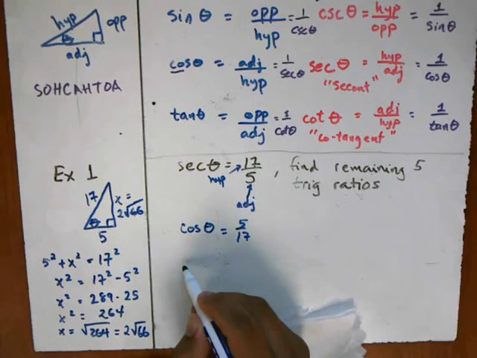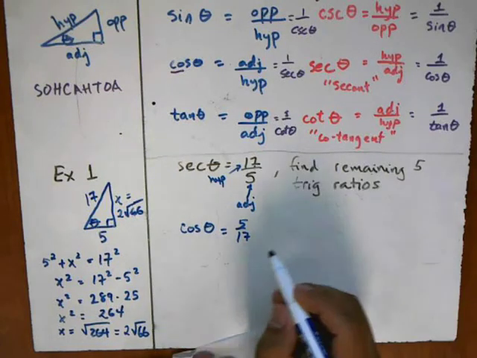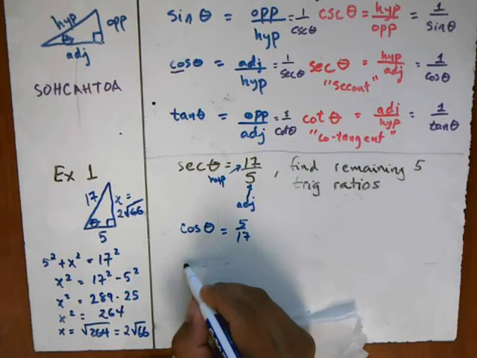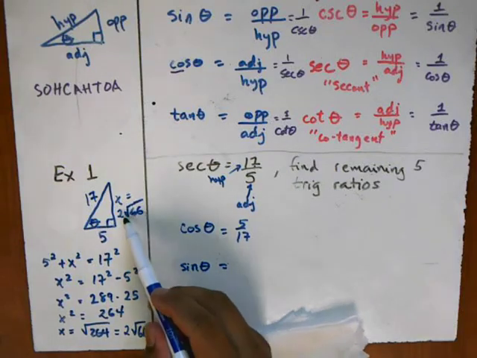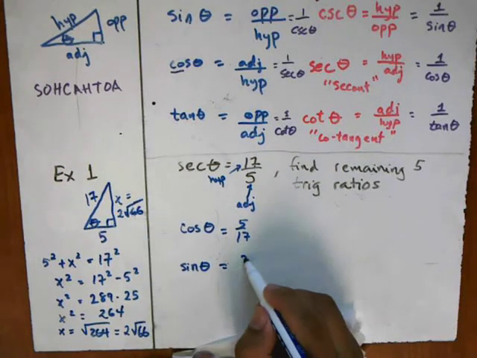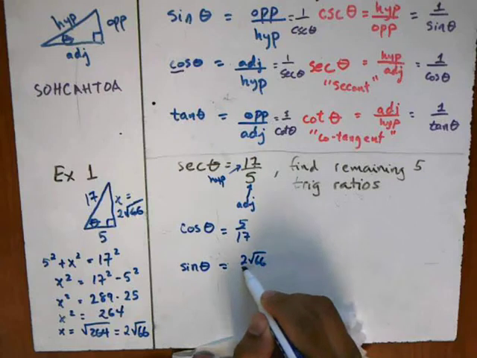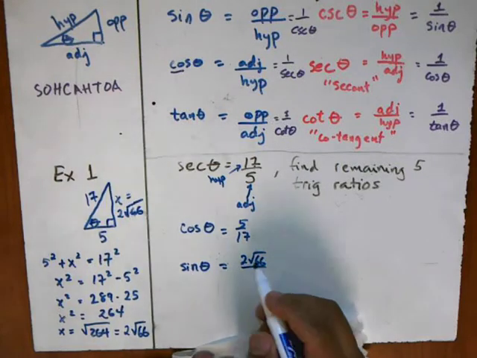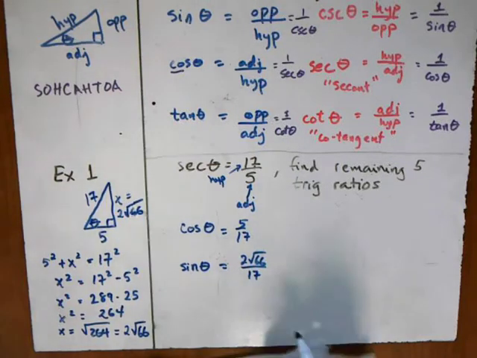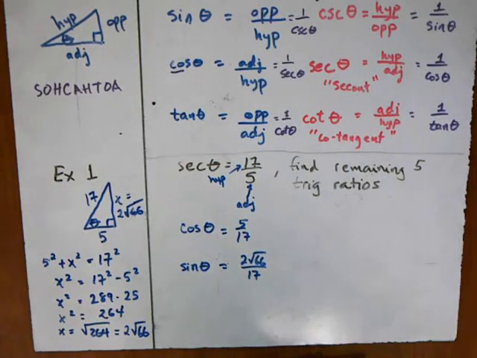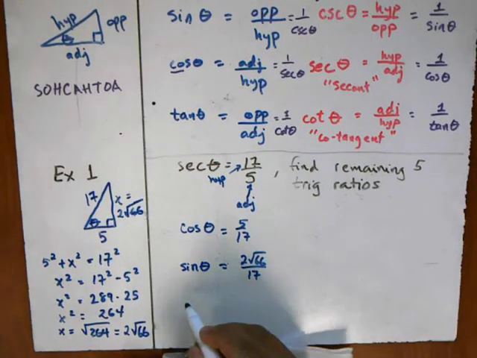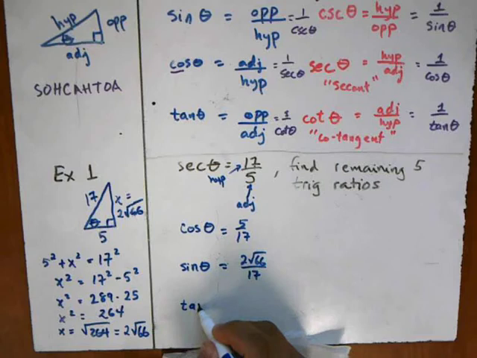Then, if I have cosine, let's find the sine next. Sine of theta is opposite, which is 2 square root of 66 over the hypotenuse, which is 17. And in this case, this happens to be in simplest form already, but if it wasn't, make sure that you do a little bit extra work and get it in simplest form.